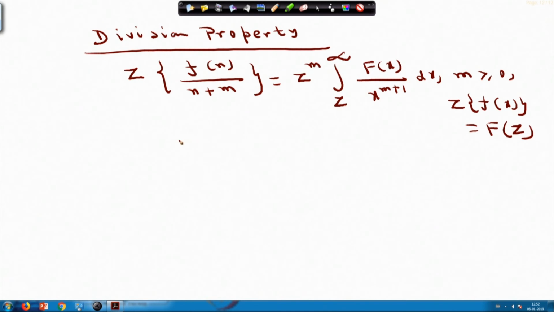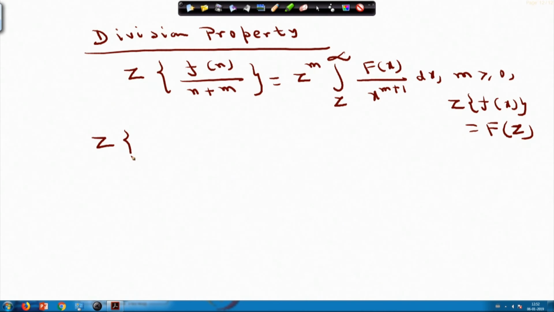So you have to prove that the Z transform of f(n) by n plus m, that is, you are dividing the function. In the earlier cases we were multiplying with the function; here we are dividing the function by n plus m.